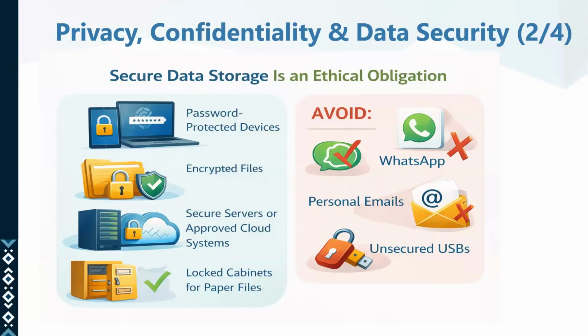That means that sensitive information on paper files should be kept in a locked room, and within the locked room, in a locked cupboard again. So the double security ensures maximum protection of those data. And it's important to note that sensitive information should not be shared through platforms that are not secure, like social media, personal email, or insecure USB devices.